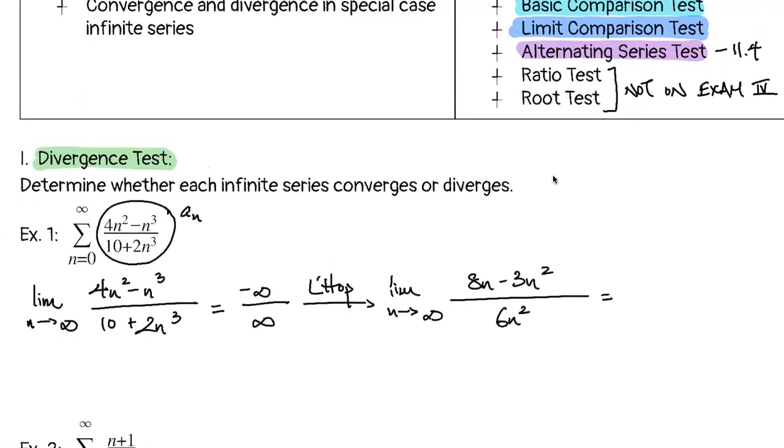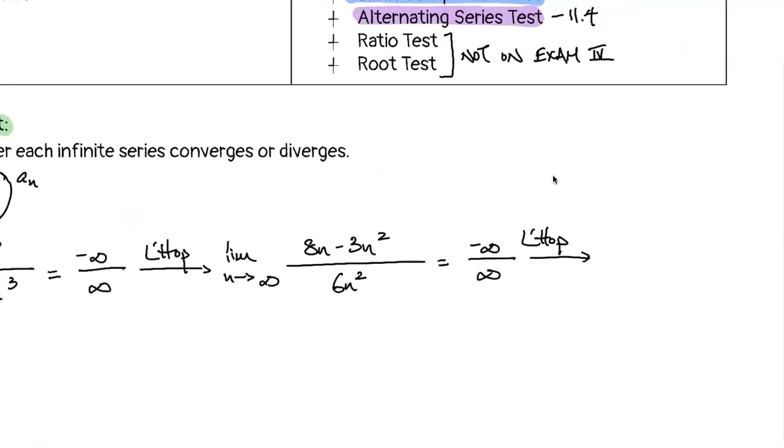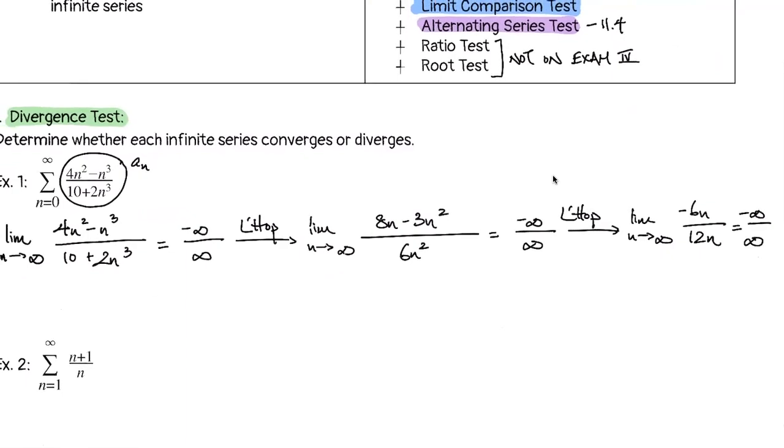We plug in infinity again. We're going to get negative infinity over infinity, which means we have to use L'Hopital's again. And so when we do that, we have the limit as n approaches infinity of negative 6n over 12n, which gives us negative infinity over infinity. So we have to use L'Hopital's again.